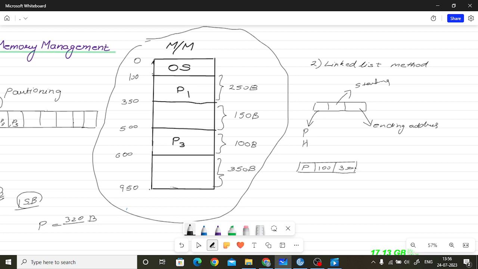Okay, and after that there is a hole, so we will represent a hole by H, and the starting address of the hole is 350 and the ending address will be 500.